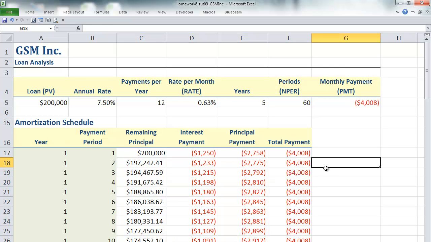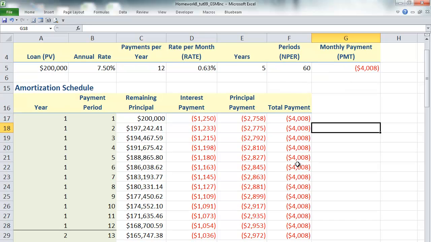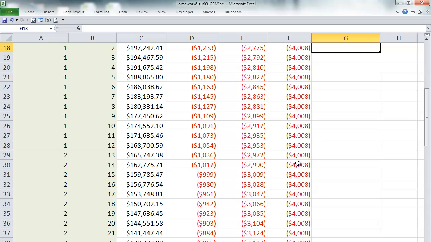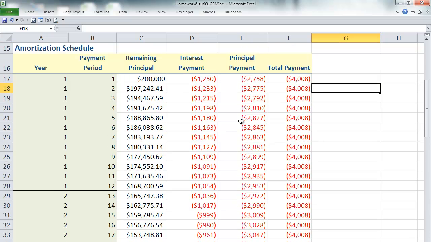We can deselect. We can see that our total payment, in other words, the monthly payment for each payment period, is consistently $4,008. We see that as the payment periods increase in sequence number, the interest component starts to fall, whereas the principal component starts to rise.